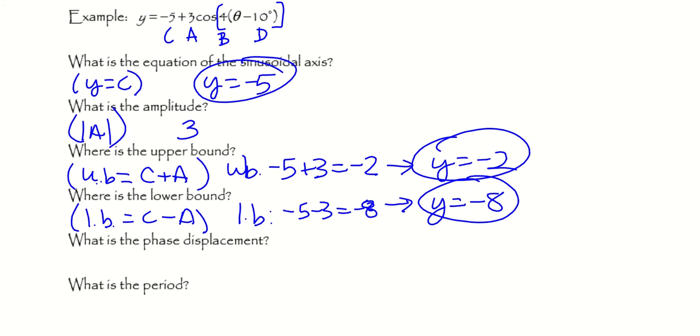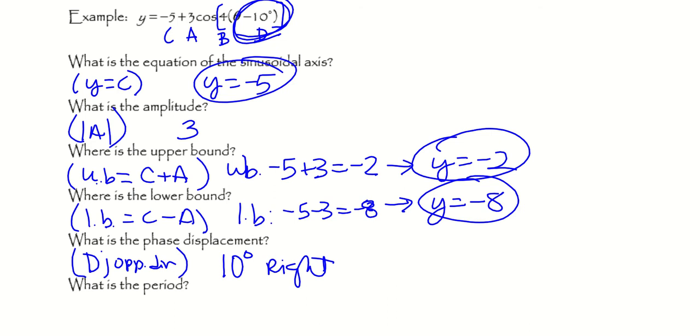What is our phase displacement? Your phase displacement is D, and you always work with the opposite direction of the sign. Remember, inside is inverse. So since our D is 10, and we are subtracting 10, that tells us that our phase displacement is 10 degrees to the right. What is the period?